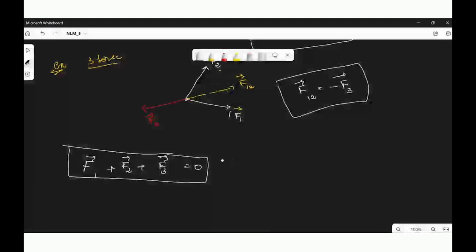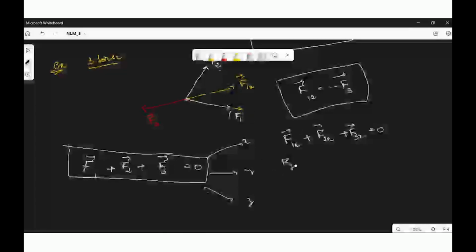Which means it should be valid along all the x, y and z directions. So F1x plus F2x plus F3x equals 0. Similarly, their components along y: F1y plus F2y plus F3y is 0.